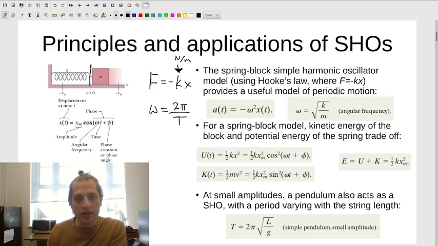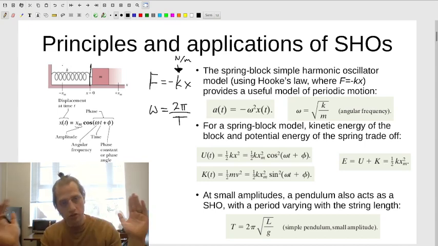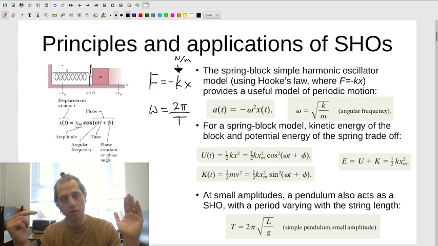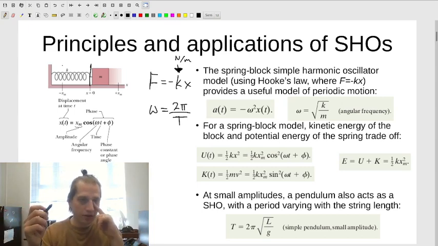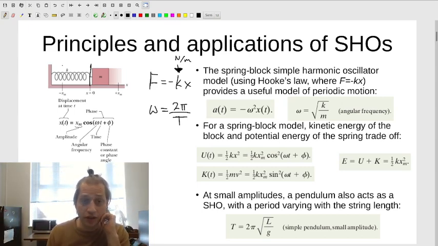All right, so the thing that we developed in the last video was that the energy types trade off in this system between kinetic and potential. So the spring somehow holds the potential energy. You squish it or you stretch it, and it will try to pull you back. So that's potential energy. And the block is holding kinetic energy. So that's the energy of motion.